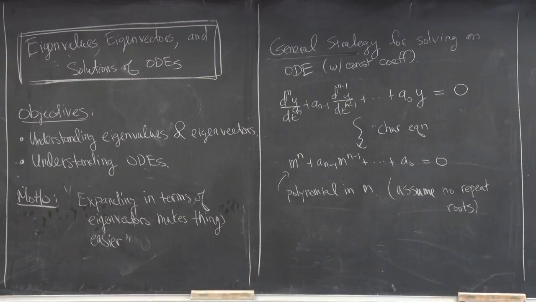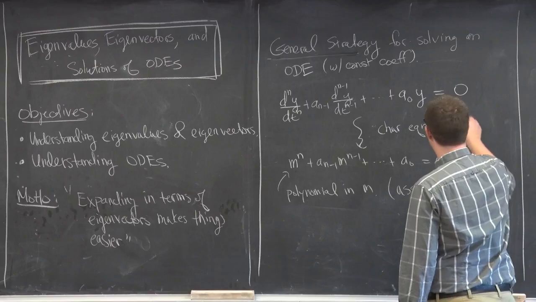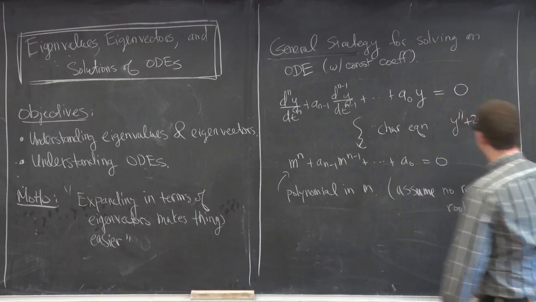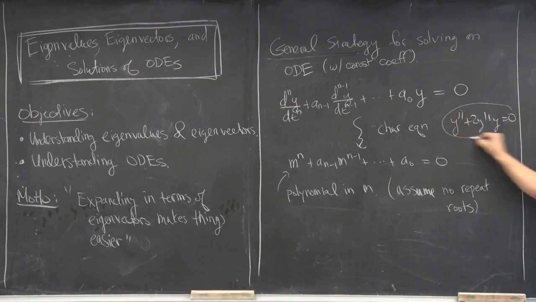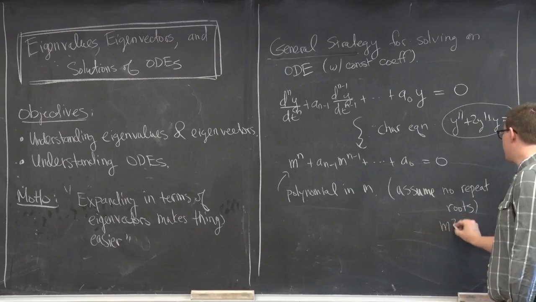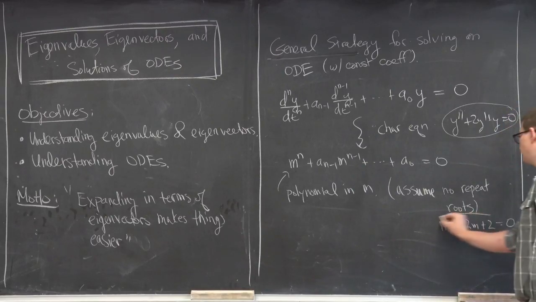So our particular example was y double prime plus 2y prime plus y equal to 0. And then the equation that we'd get is m squared plus 2m plus 2 is equal to 0.